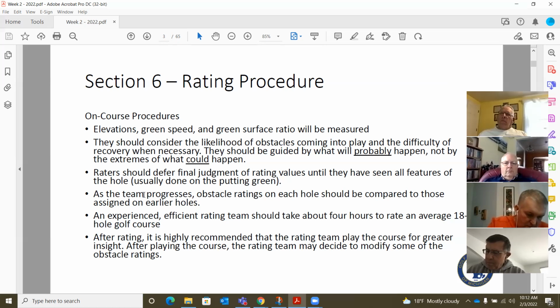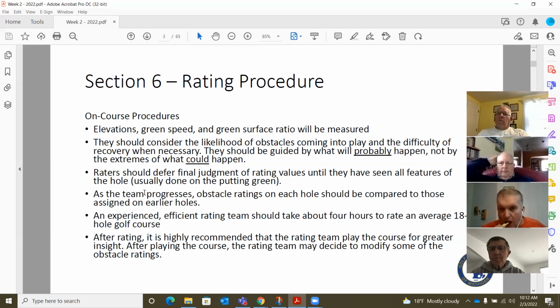So when we're looking at certain obstacles and we're evaluating difficulty, if it's significant, extreme, or moderate, or minor problems, we want to consider other holes and say, well, if we said the last hole was a moderate problem and the trees on this next hole are easier than that, then we need to go down a level, because we want to keep that in mind.